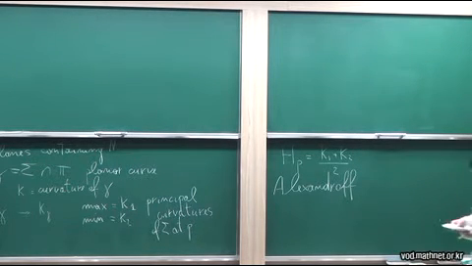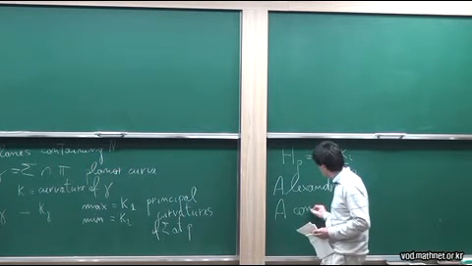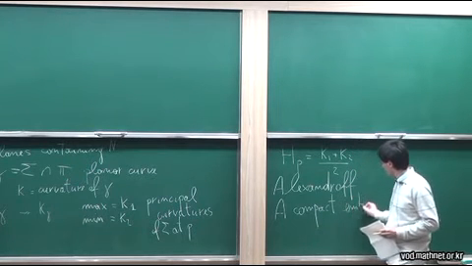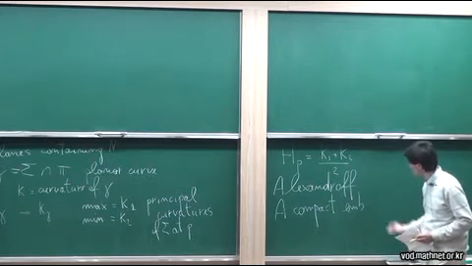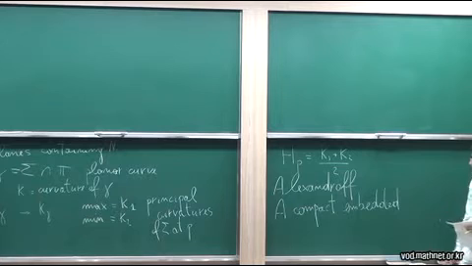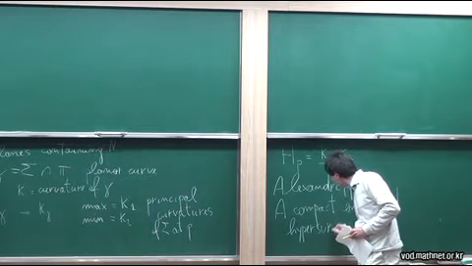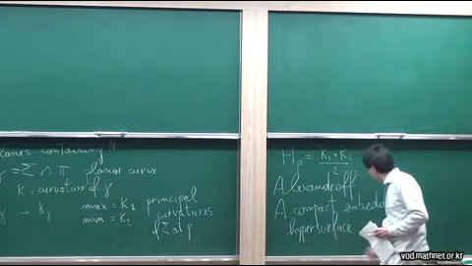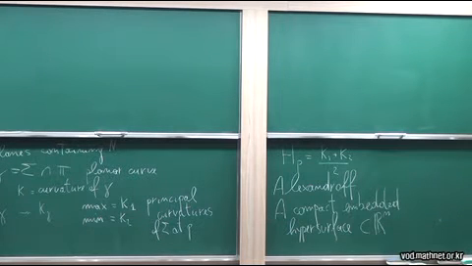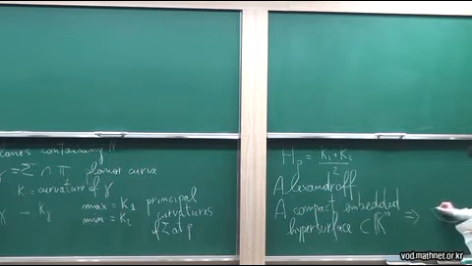Alexandrov proved that if I take a compact embedded hypersurface in Rn, meaning with no self-intersections, then a surface like this is automatically a round sphere.